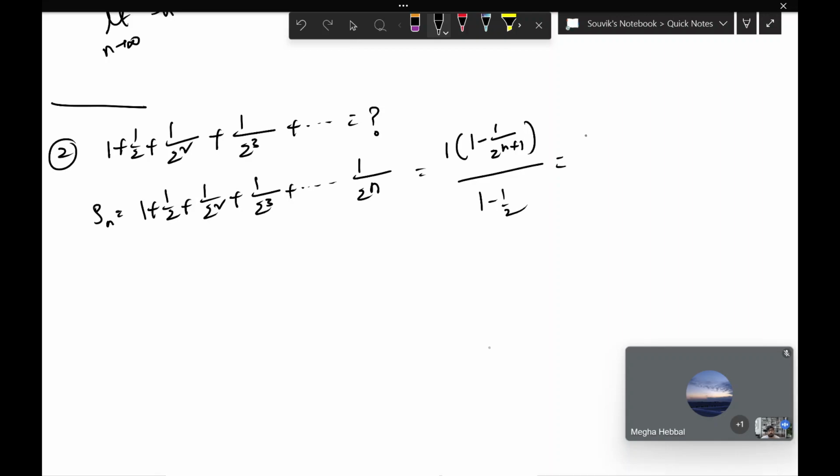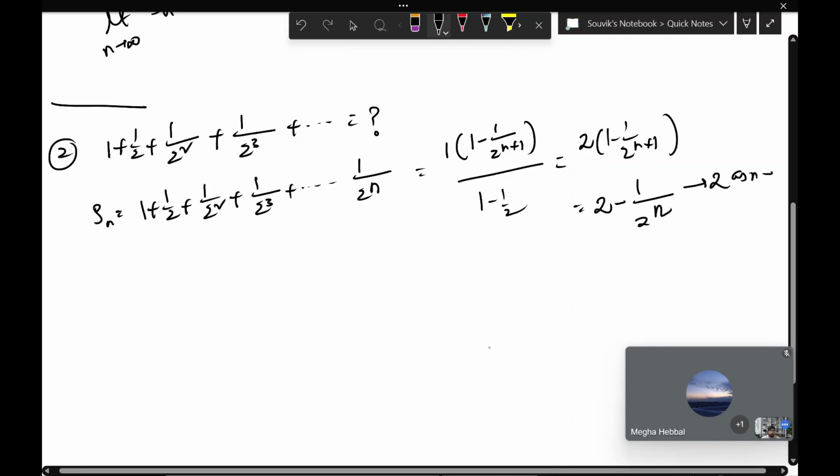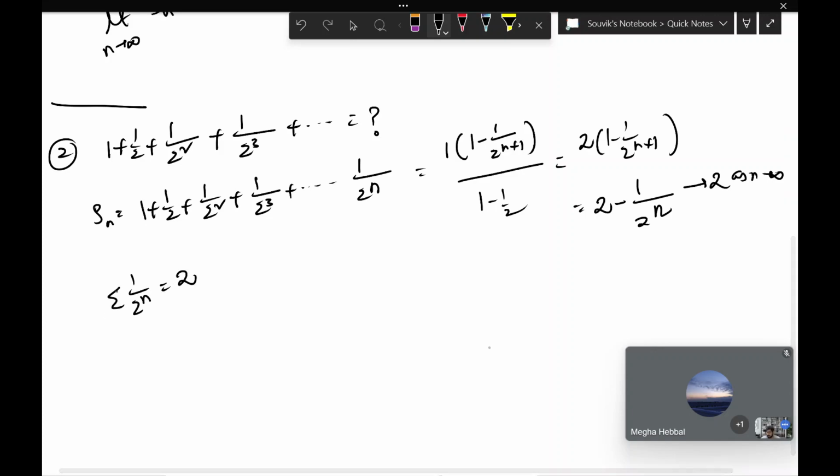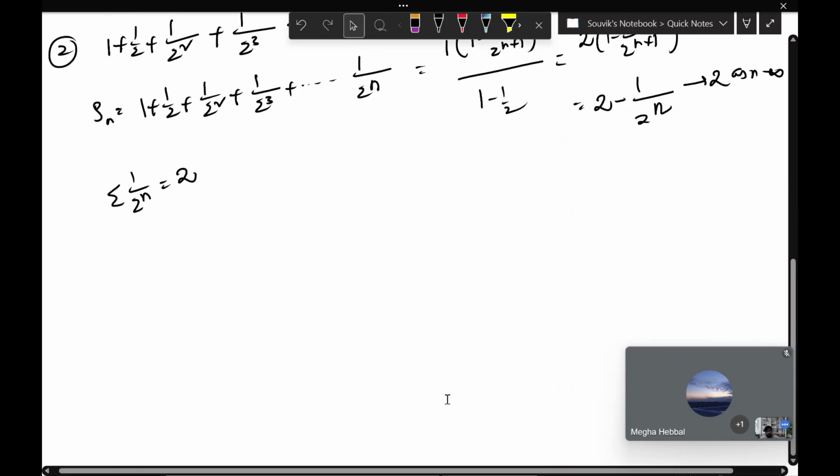This is nothing but 2 into 1 minus 1 by 2 to the power n plus 1, which is 2 minus 1 by 2 to the power n. Obviously this goes to 2 as n tends to infinity. So the series summation 1 by 2 to the power n is equal to 2.